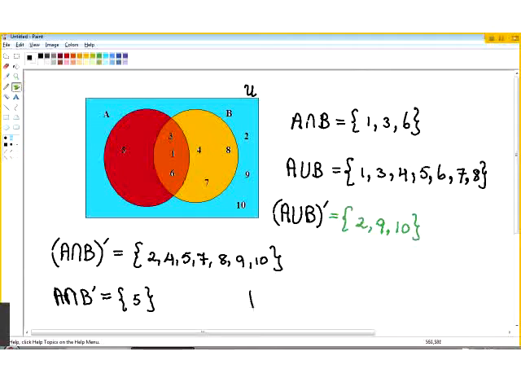So we want A prime intersect B. Now you can either use the colors, or see if we can figure it out. A prime intersect B. First thing, A prime will be the region what? Blue and yellow. Correct? So we have the regions blue and yellow.